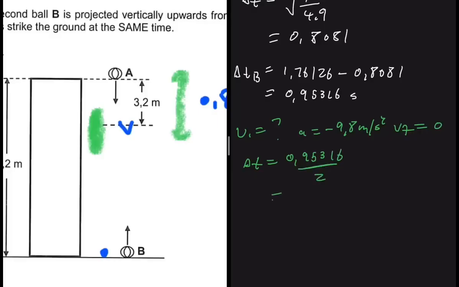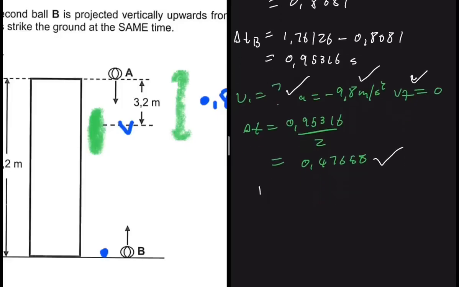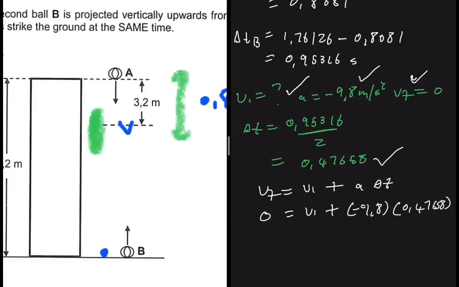So if we divide that total time by 2, we have 0.95316 divided by 2. Let me just put that in my calculator real quick. I'm getting 0.47658. So now I have delta T, I have acceleration, I have VF, and VI is what I'm looking for. So VF is equal to VI plus A delta T. VF is 0. VI is what we're interested in, plus our acceleration, which is minus 9.8 multiplied by the time, 0.47658.